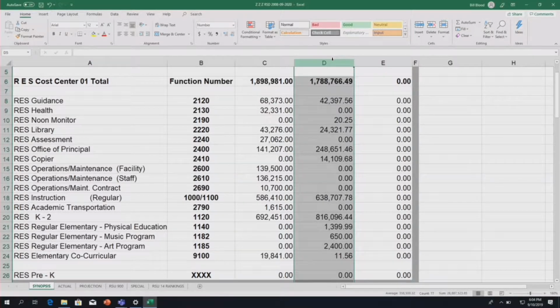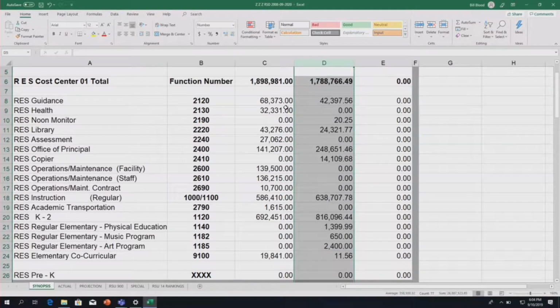And the first one is the guidance. In 08 it was 68,000, in 09 it was 42,000. The difference being they have taken some of the benefits and they have pooled them into a 900 category.